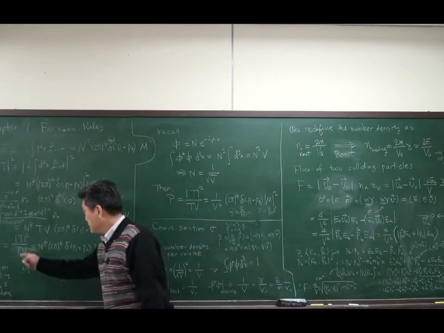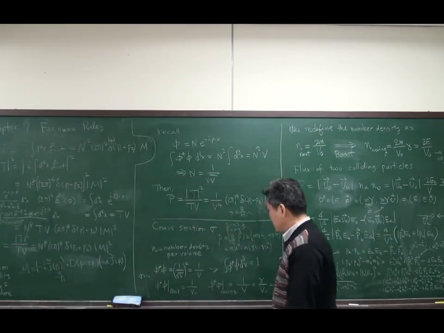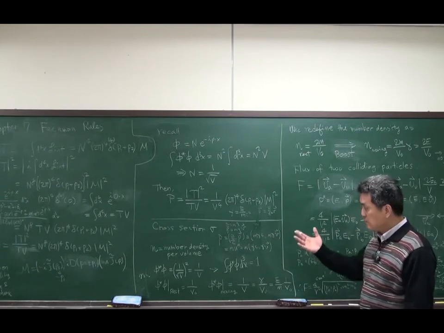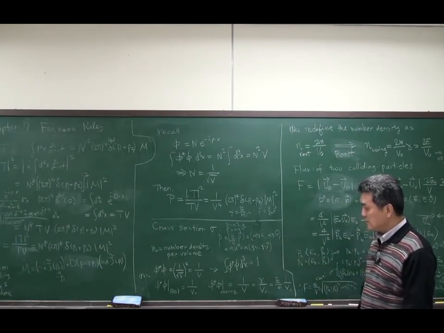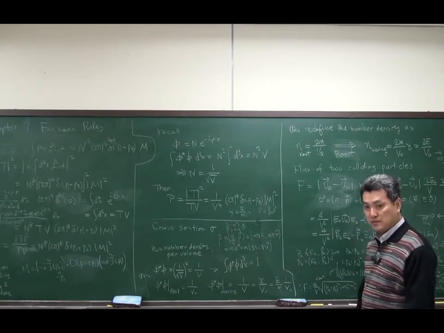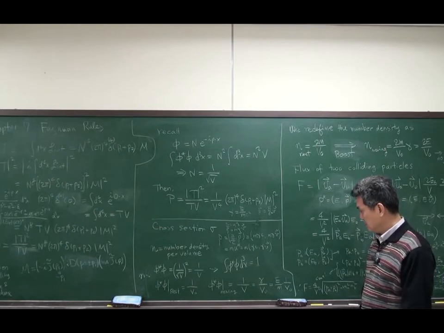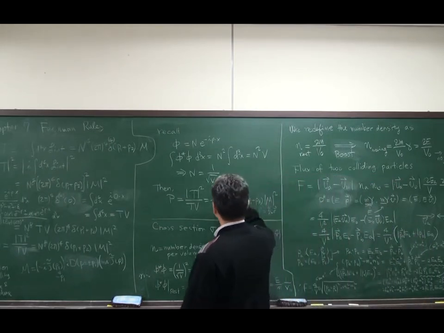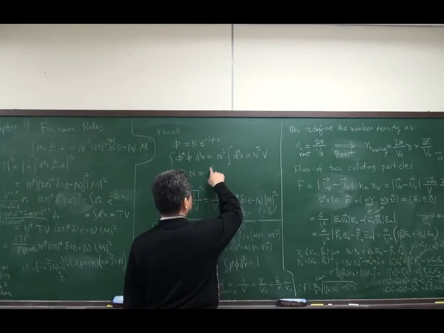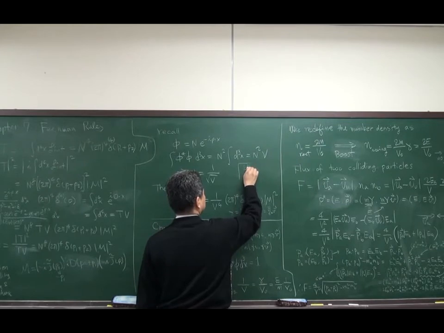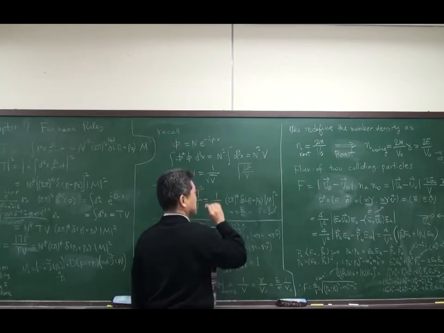Finally, you will find that this factor will cancel if we introduce a new number density, that is the number density multiplied by square root of 2E. I mean, we redefine this one to be square root 2E over V, something like that.